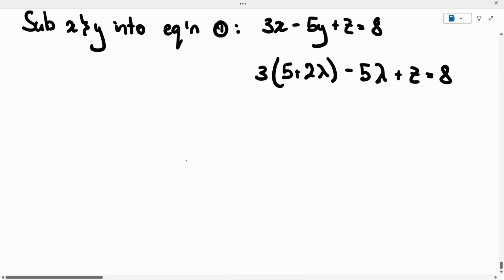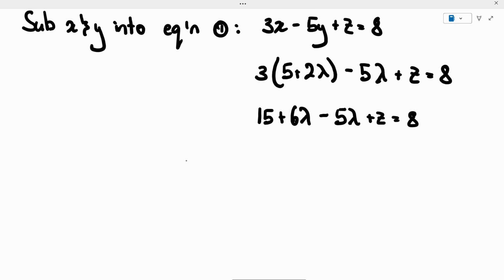So what we could do now is we could expand. We could say, all right, well, that's 15 plus 6 lambda minus 5 lambda plus z is equal to 8. So z is equal to 8 minus 15. 6 lambda minus 5 lambda is just lambda. We bring it over as minus lambda. If you all need to write out the steps, nothing wrong with that. Which is equal to minus 7 minus lambda.